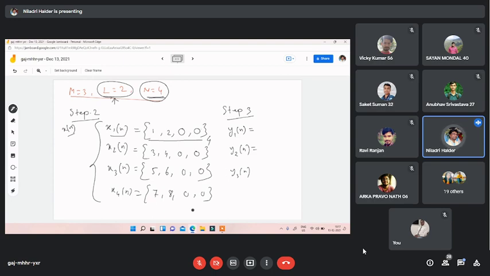What is the value of hn? 1 1 1, and size also 4, so hn will have a 0.